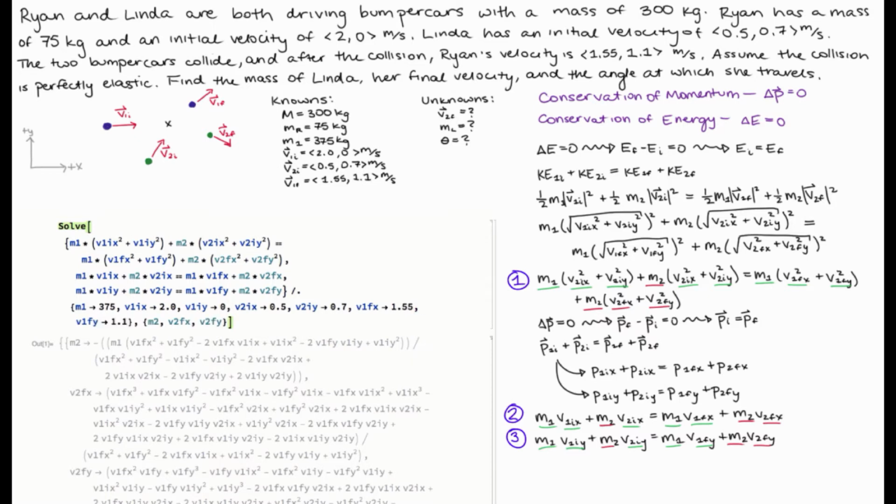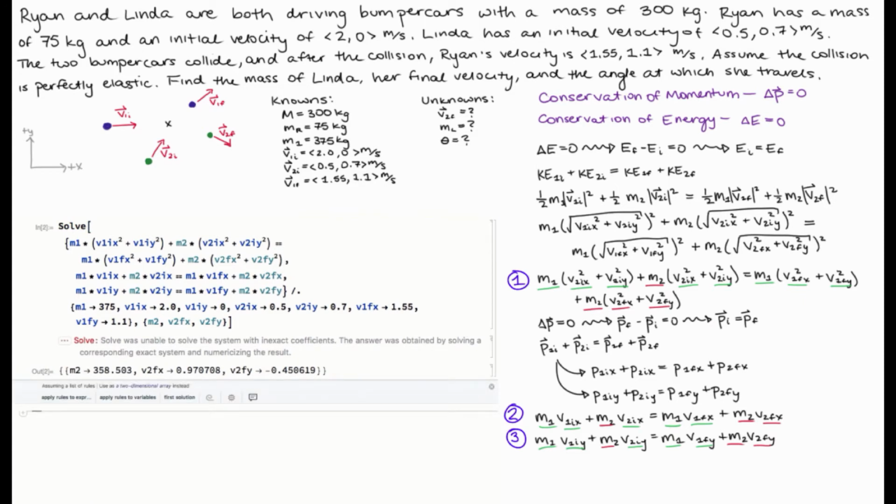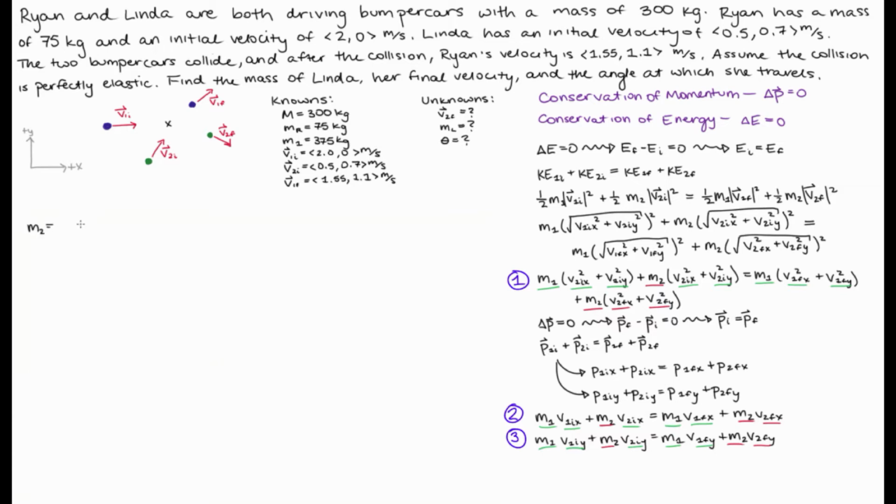Pressing Shift-Enter again re-evaluates this statement with the new information. Mathematica gives us numerical results for each of our three unknown variables. We find that M2 is equal to 358 kilograms, which tells us that the mass of Linda is 58 kilograms, and that V2 final is given by (0.97, -0.45) meters per second.